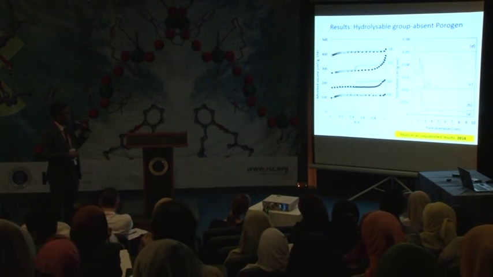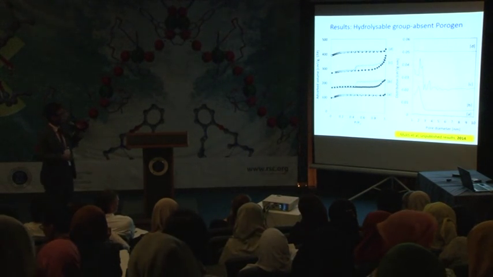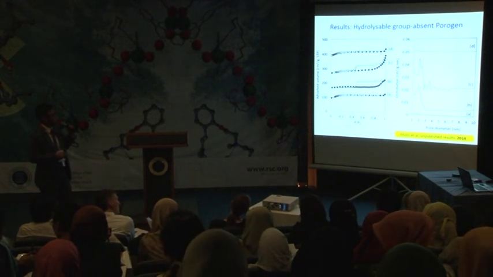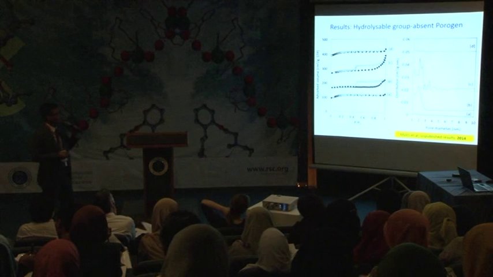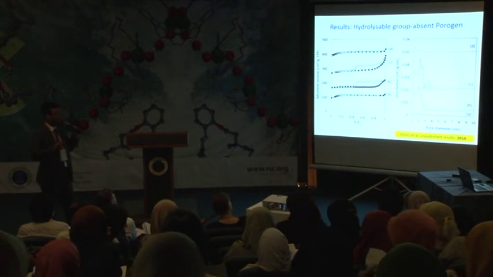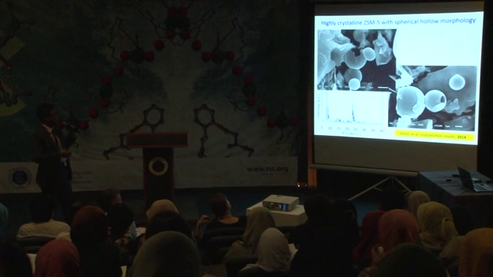You can see the BJH pore size distribution showing a narrow mesopore distribution. But when you use a low or too high concentration of surfactant, this will not form such a narrow distribution. This is because it doesn't reach the critical micelle concentration during the synthesis.